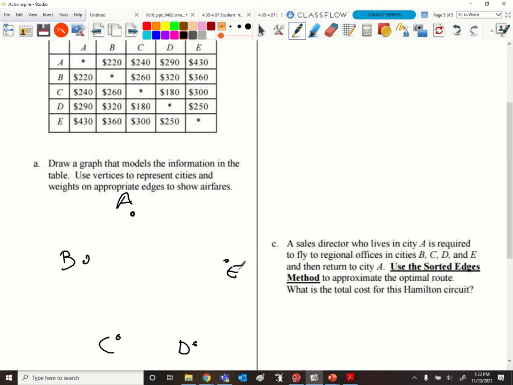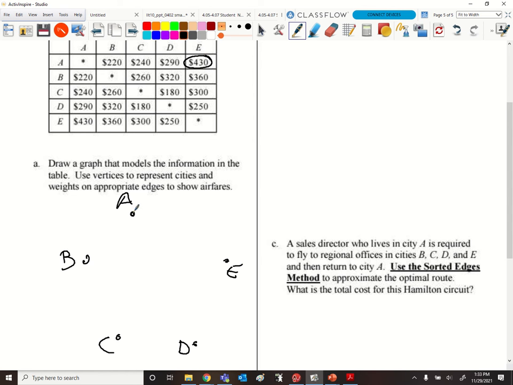Now, the pathways, so the line from A to E for the cost, so the plane ticket. These are planes, they don't change direction, they just go directly. So from A to E is going to cost me how much? $4.30. Where did I get $4.30 from? Right here on this table. So from A, cross it to E is right here.